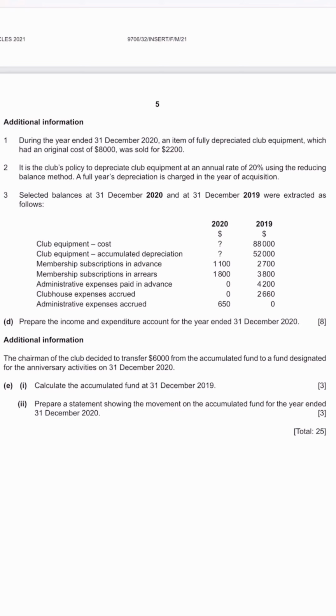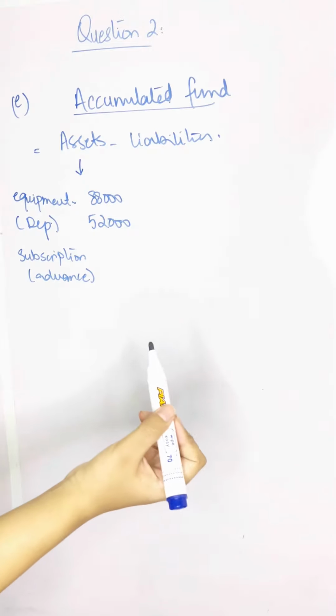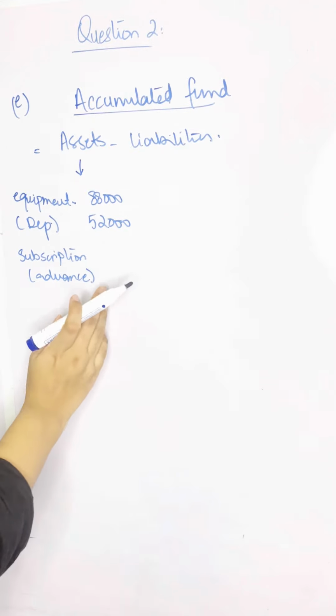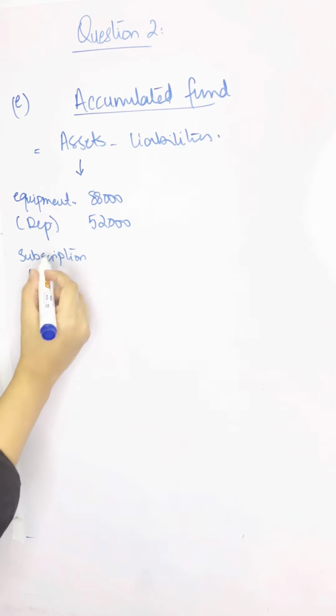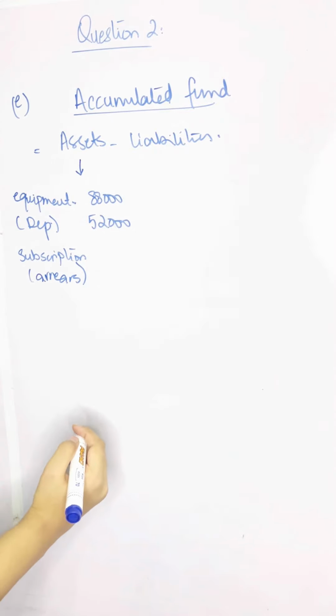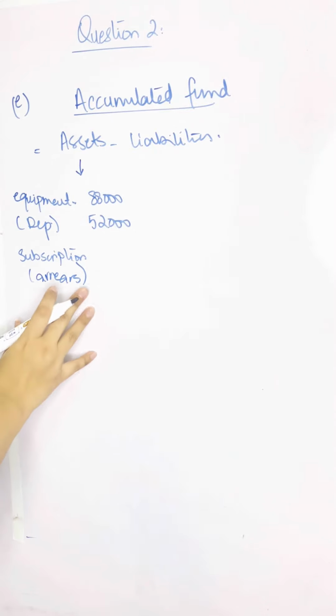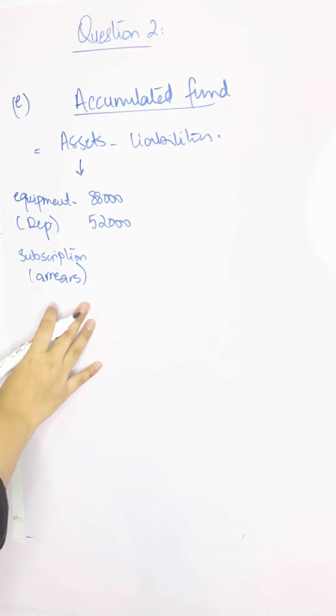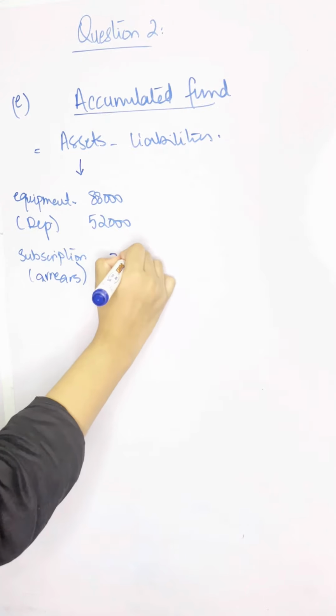Now for the cumulative fund, we will be calculating through assets minus liabilities. We'll be listing all the assets and liabilities for 2019 and calculating the cumulative fund. So we have equipment at cost 88,000. We'll subtract the depreciation because it is always recorded at net book value. We have subscription, which is in arrears, so you're going to add that, this is basically included under current assets, which is 3,800.